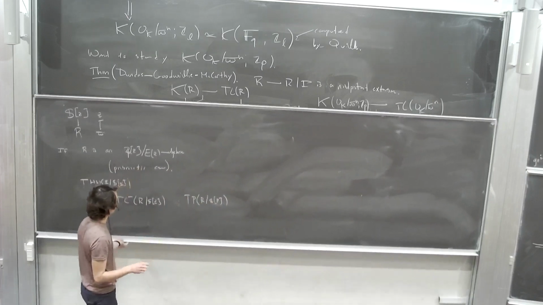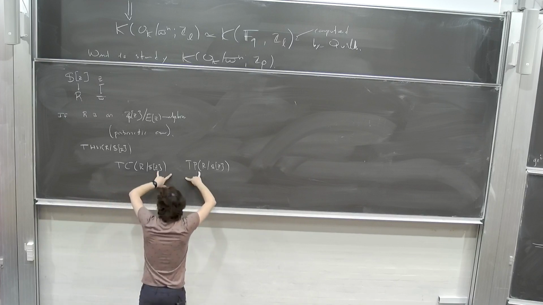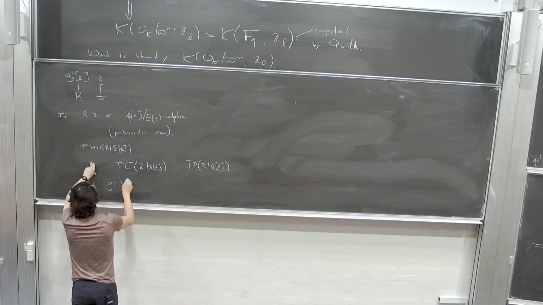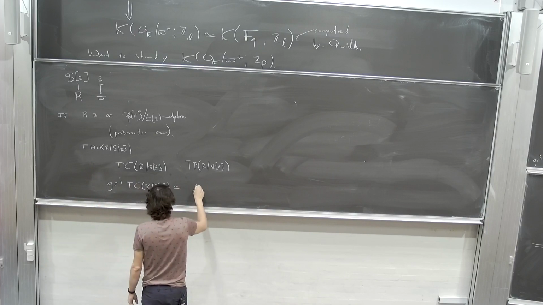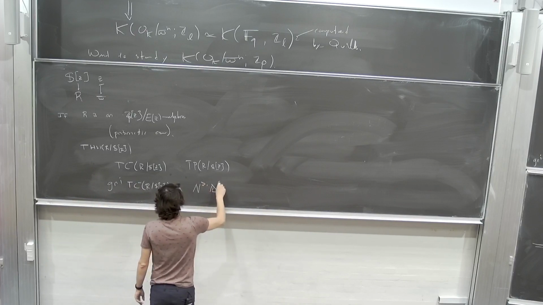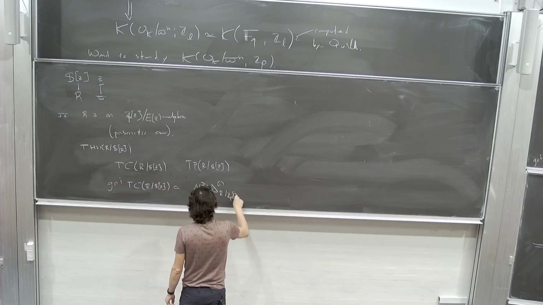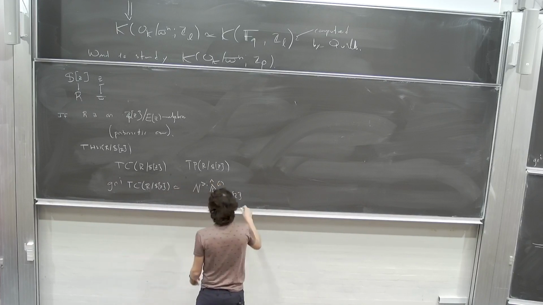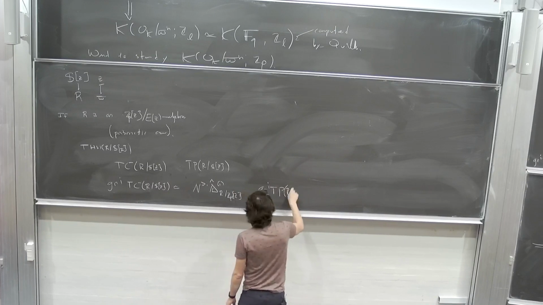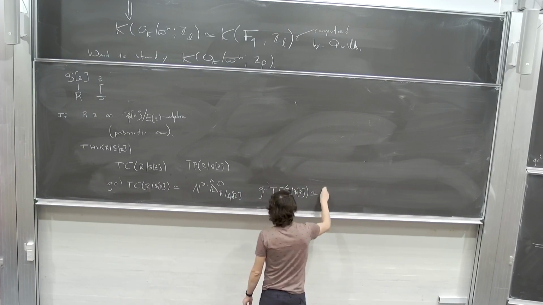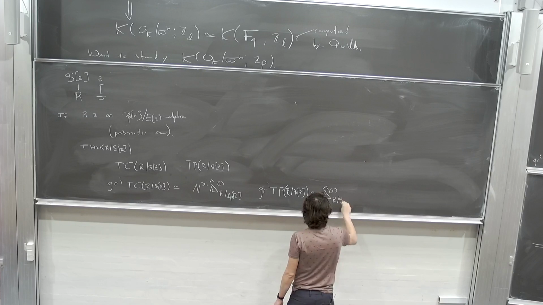And Bhatt-Morrow-Scholze, in combination with Bhatt and Scholze to compare to the absolute prismatic site, proved that these admit filtrations with gr^i TC minus of R over S[z] being the relative prismatic cohomology of R over this prism, Z_p power series z, Nygaard completed, and gr^i of TP is the Nygaard completion of the Frobenius twist that came up in Achim's talk.